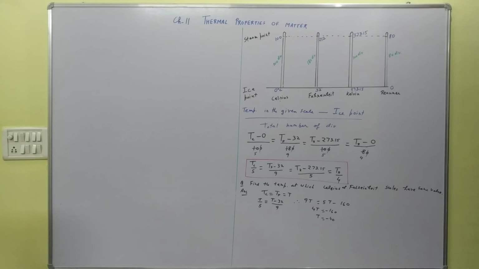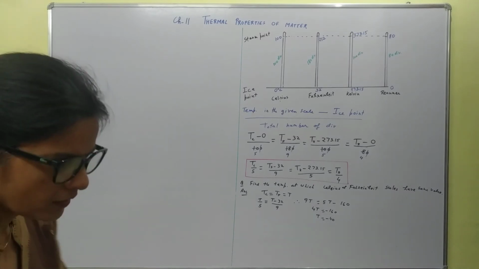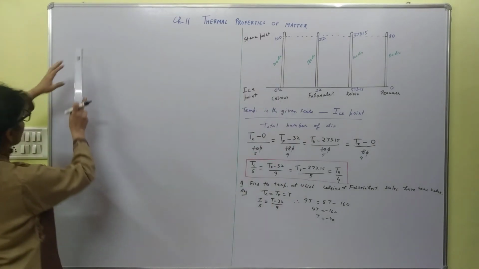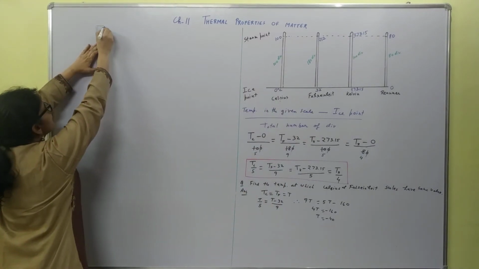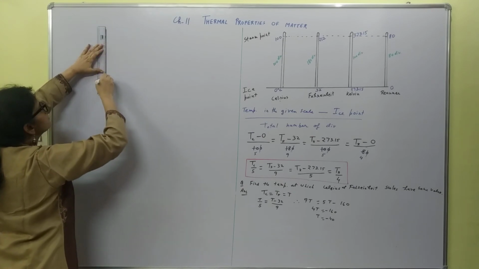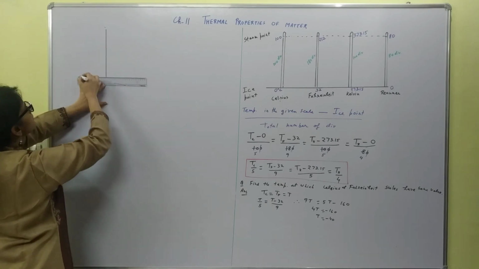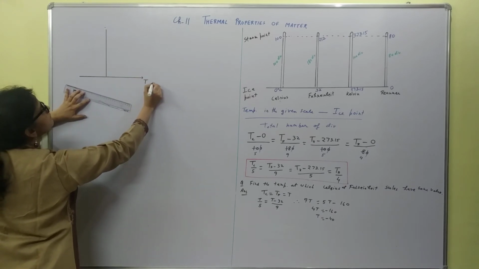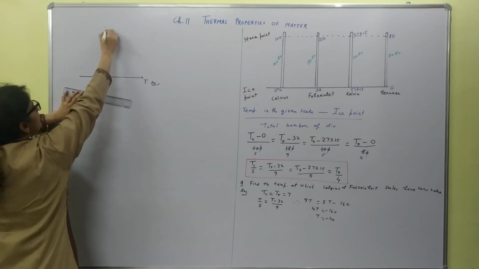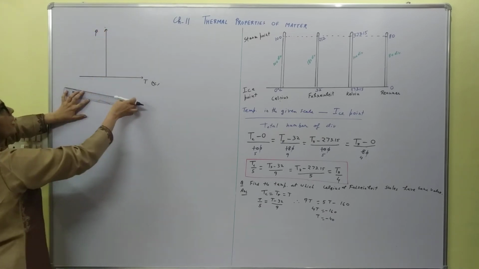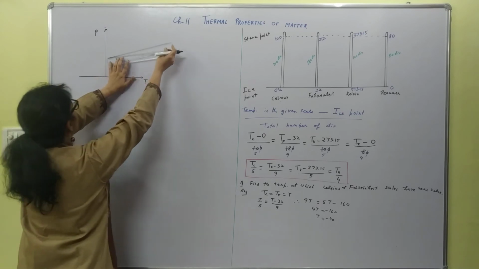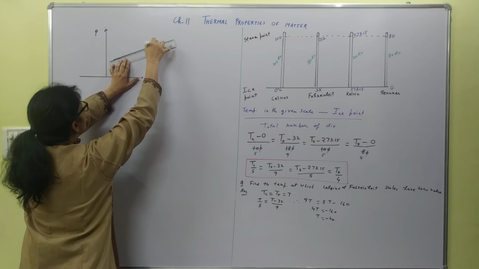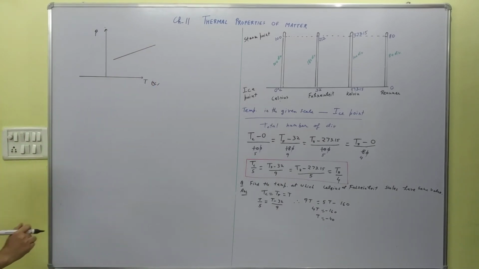Now, if we plot a graph between pressure and temperature for a gas, so what happens is, this is the pressure, and on the basis of experimental values, the graph comes out to be like this, right?